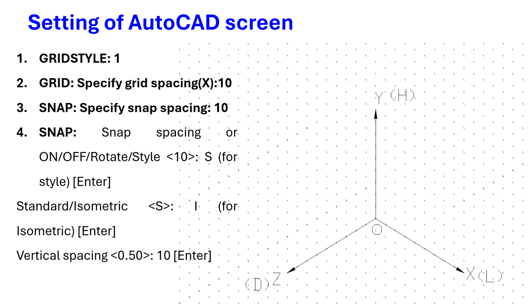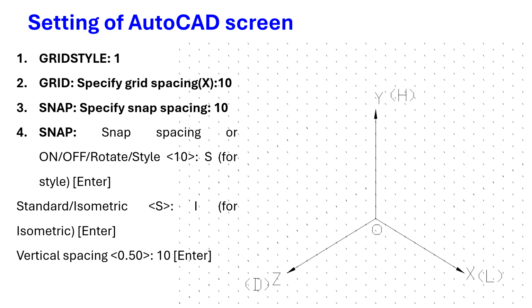Settings of the AutoCAD screen. Because we need to draw the isometric drawing in an isometric grid, we need to make these settings. In the grid style, we need to type grid, and keep it 1, and specify the grid spacing, that is 10 mm. Then snap, and specify the snap spacing, that is 10.